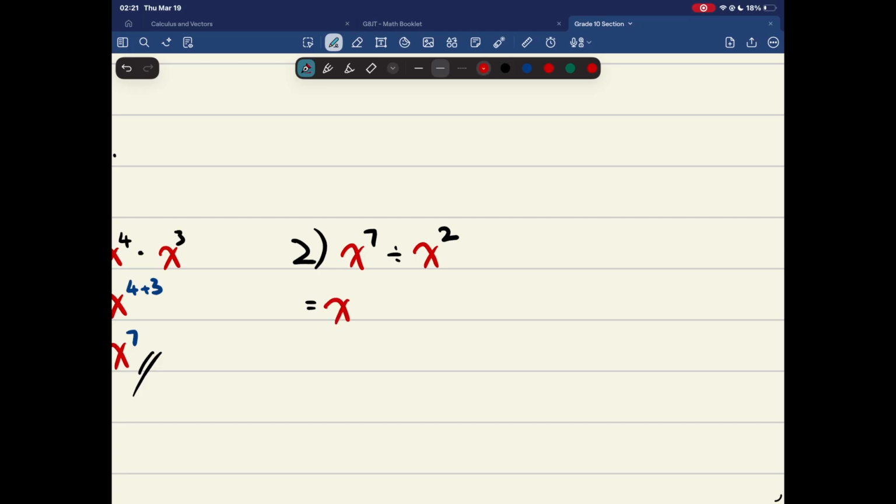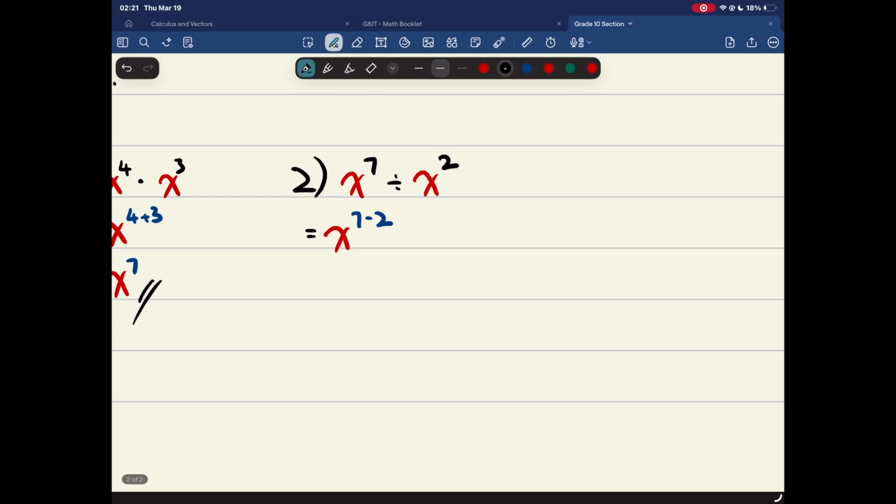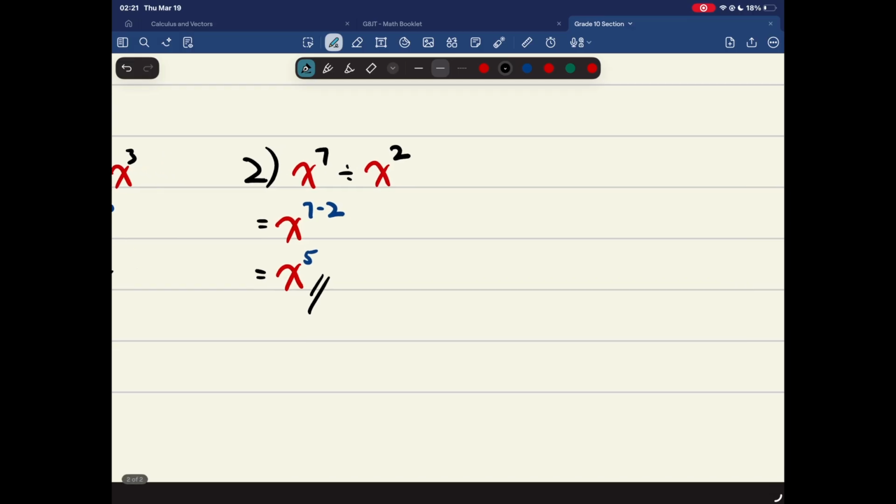So this actually equals the same base, x, and the power will be 7 minus 2. So at last, the answer will be x to the power of 5. And that's the answer.